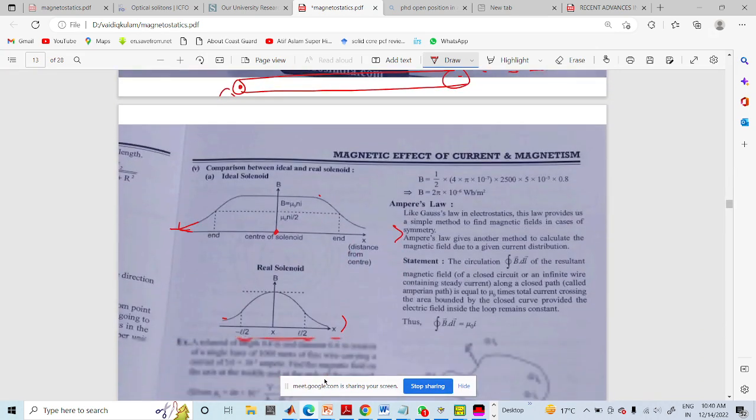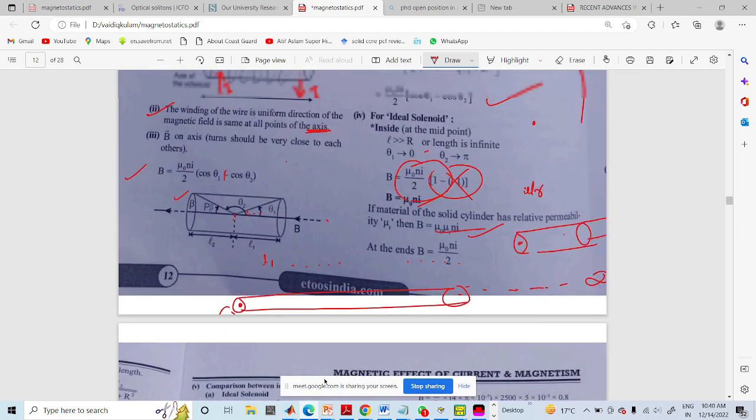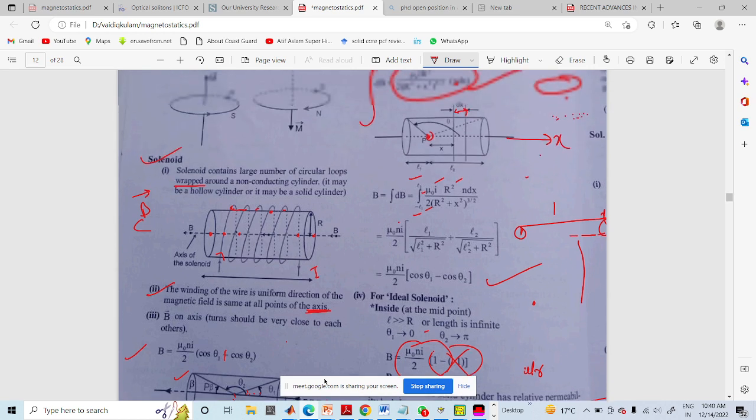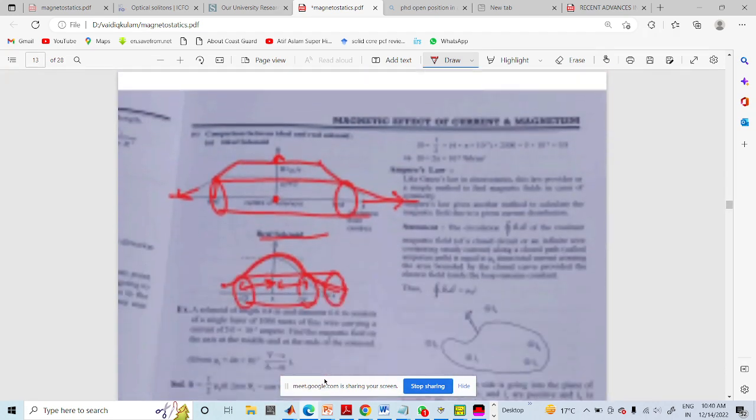So now compare here, this is the x axis, distance from the center. Distance from the center means, look at here, this is a point P, so from the center we have an x distance here, right?